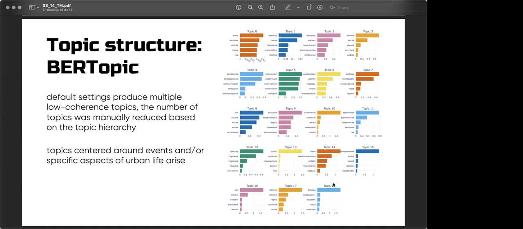But other than that, we can see that many of the topics are indeed pretty coherent and pretty specific, in fact.